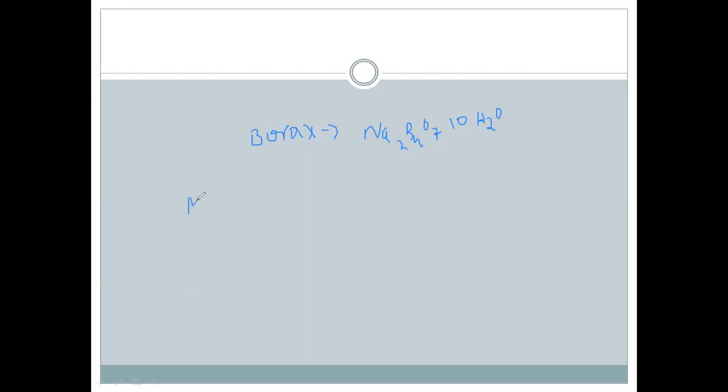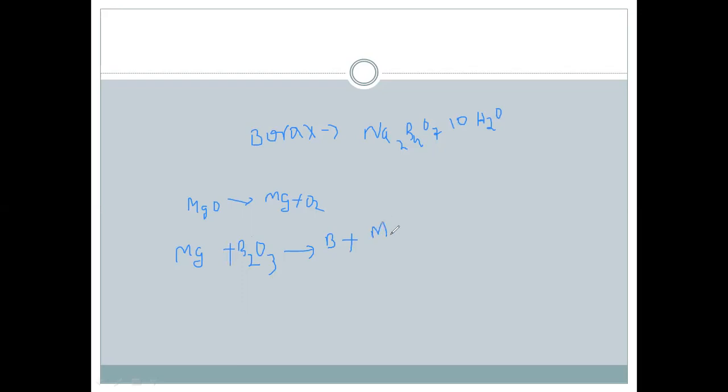MgO will give Mg plus O2, and this Mg will react with the boric anhydride, B2O3, and now I am going to get boron along with the MgO.